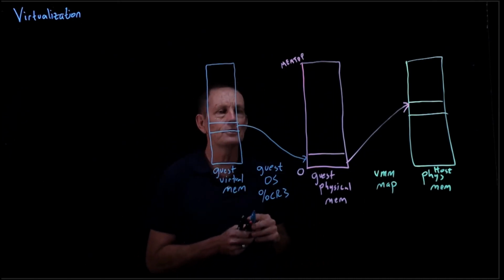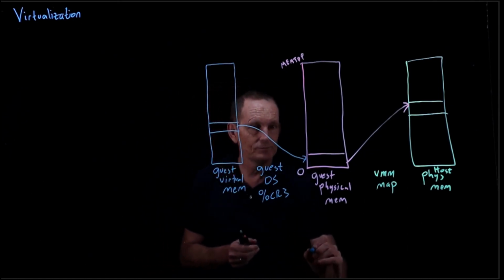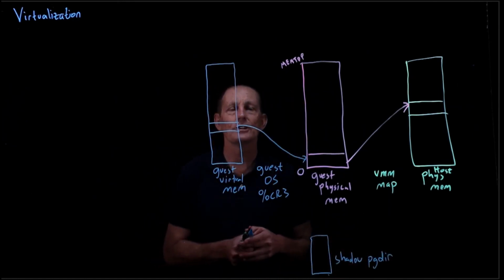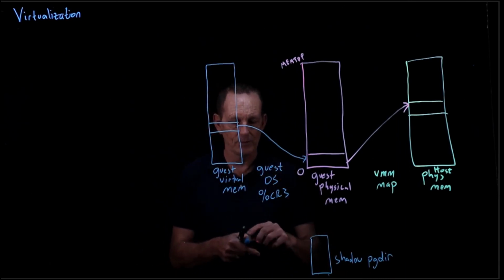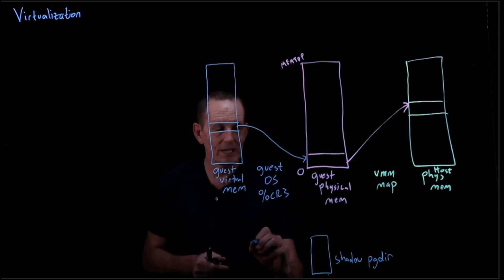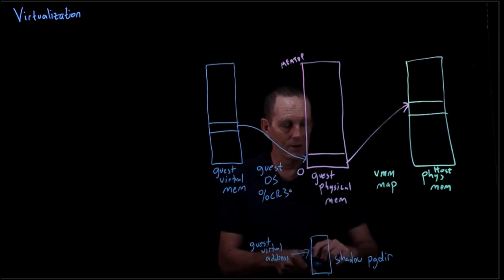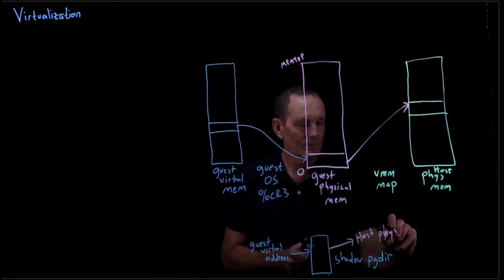Instead, what we're going to do is maintain a shadow page table. And this shadow page dir is going to be a mapping from a guest virtual address, and coming out, we will get a host physical address.